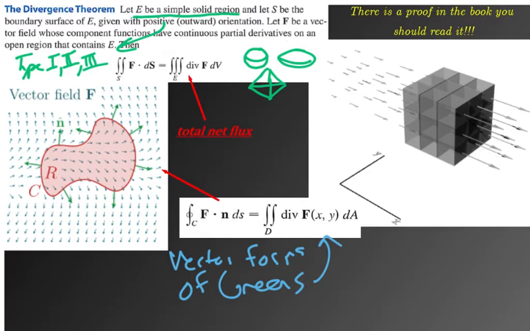It's kind of like a measurement of how much stuff passes in and out of the planar surface. So what we're doing is we're just bumping that up. We're saying no longer am I concerned with just how much stuff passes in and out of a planar surface, but I'm concerned with how much stuff passes in or out of a three-dimensional object, like a sphere, an egg, a tetrahedron, a cube, stuff like that.